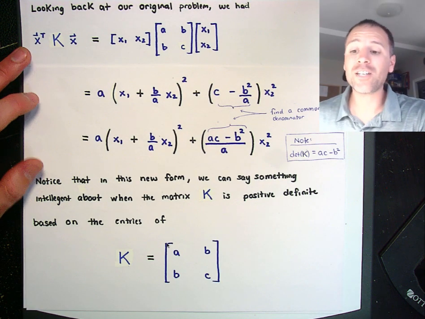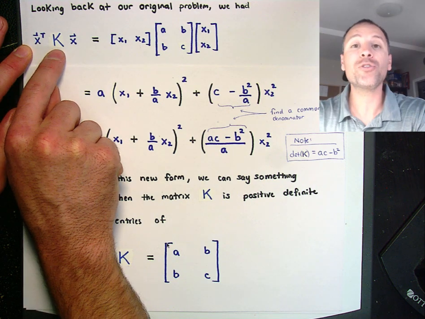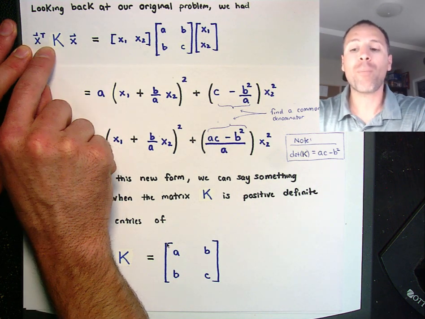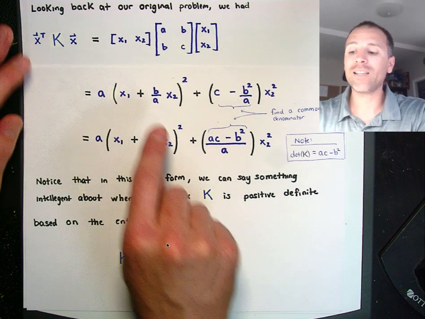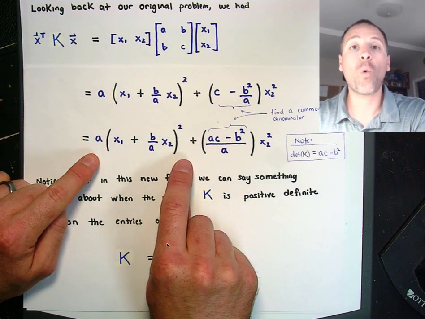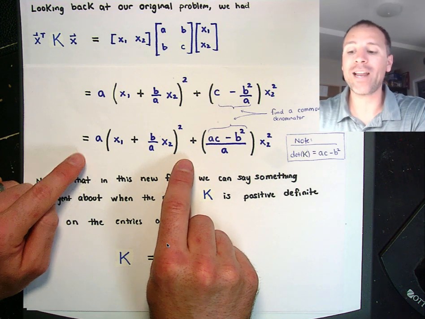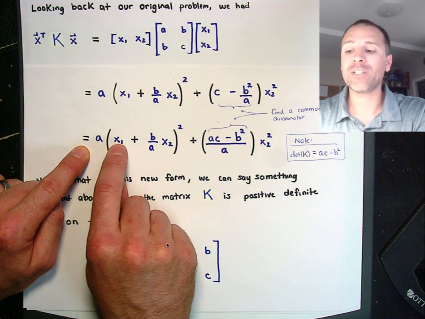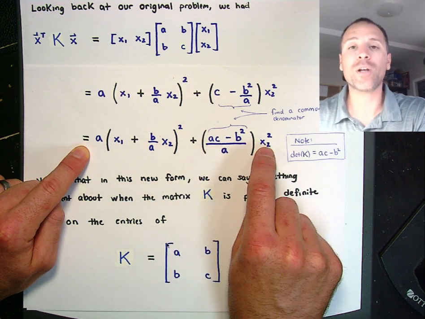The point of this discussion, though, is that we are seeing that when we have a 2 by 2 symmetric matrix, the property of the matrix being positive definite, we can translate into a quadratic form, which, via the process of completing the squares, we can write as a scalar times some quantity squared, plus some other scalar times another quantity squared.